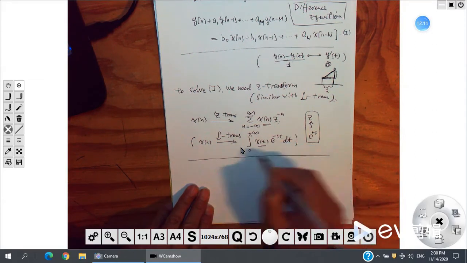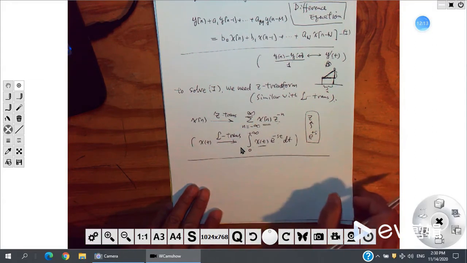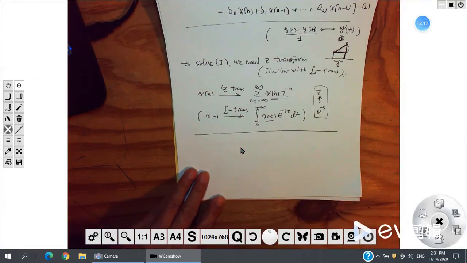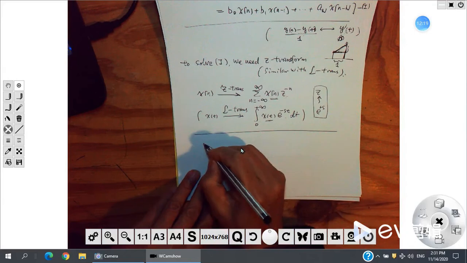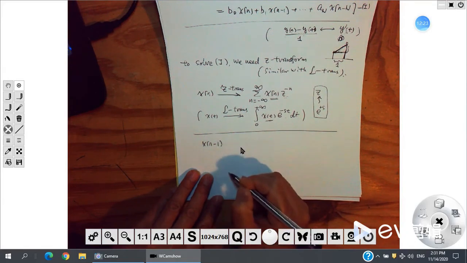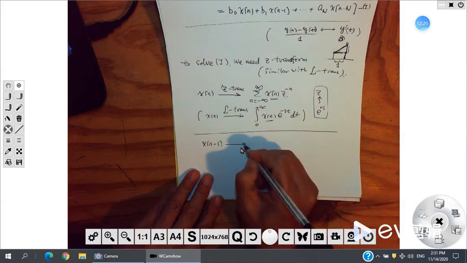Alright. So we have this Z transform, and for the Z transform we have a very good property. If I shift x of n by 1, what will happen? By definition, you do the Z transform.